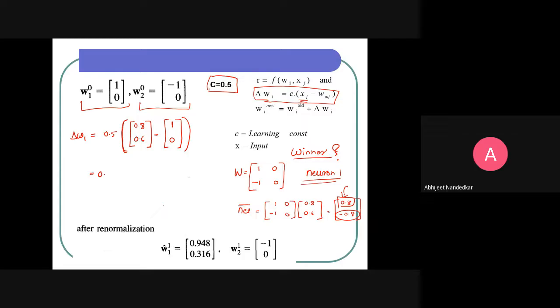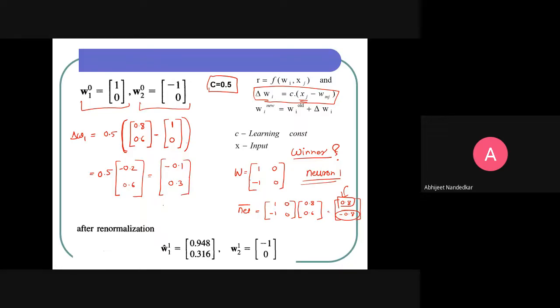So this is 0.5 multiplied by (0.8 minus 1, so this will be minus 0.2, and 0.6 minus 0, so this will be 0.6). Multiplying into 0.5, this you can take as minus 0.1 and 0.3.